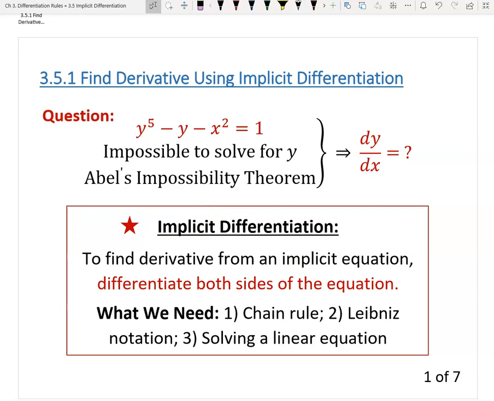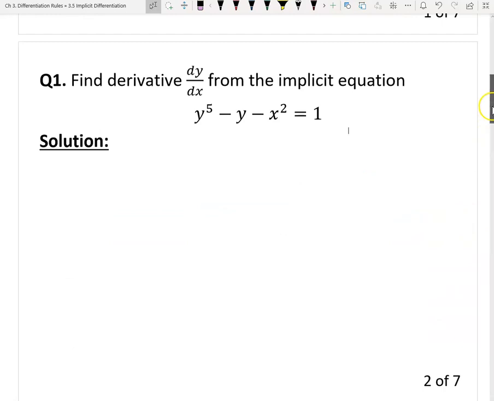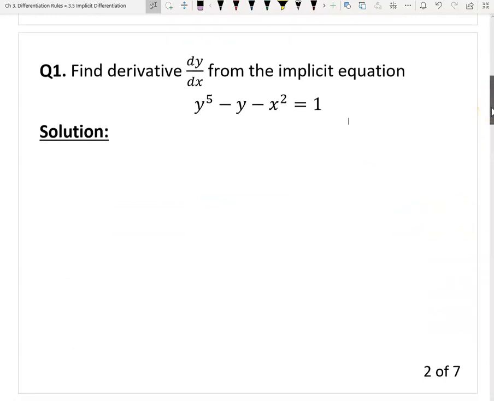We are going to answer these questions by using implicit differentiation. Can you see? All we need is to take a derivative of both sides. Here is the equation.